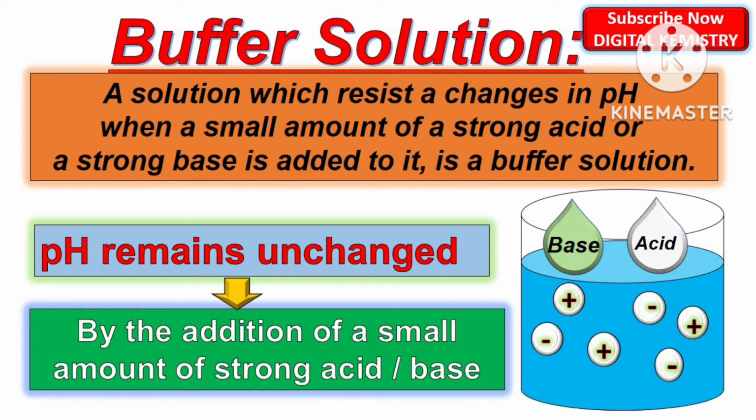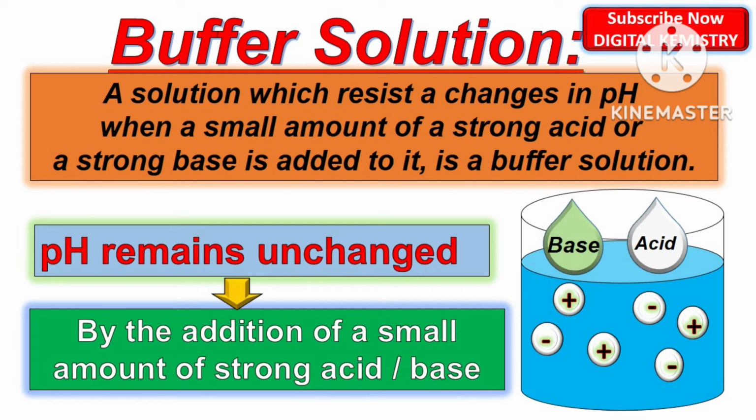So the final result is pH equal to pKa plus log of molar concentration of anion divided by molar concentration of HA, meaning acid.